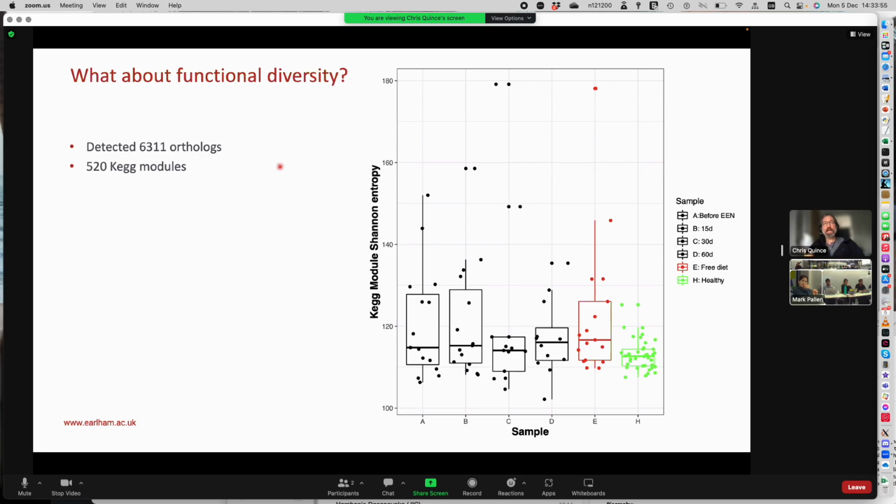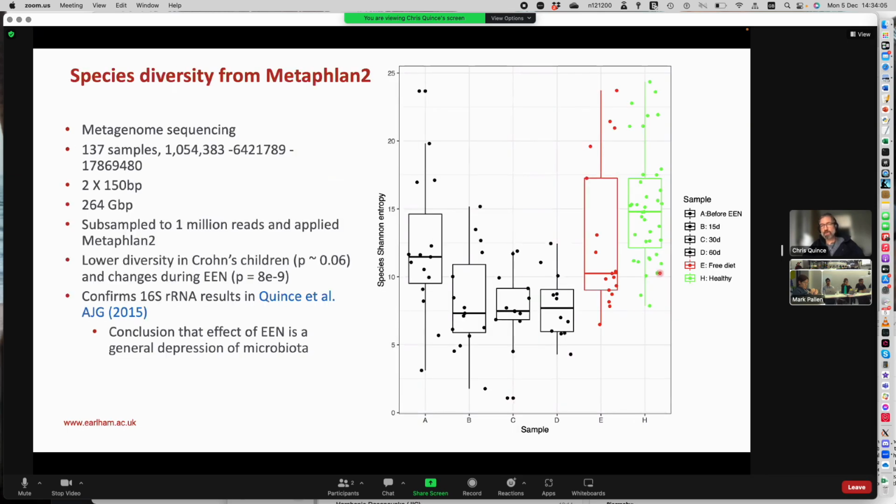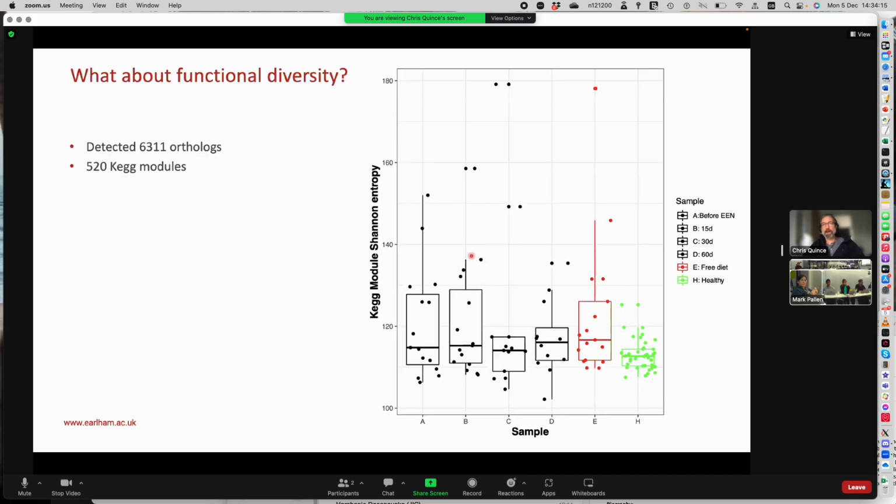We then went on and also looked at functional diversity, mapping against the KEGG. That's sort of interesting because we don't see the same reduction in average functional diversity. And just to emphasize also, healthy versus time point A at the start of the diet, we see a higher species diversity in healthy. What's quite interesting is when you look at the functional diversity, it's actually higher in the Crohn's individuals.